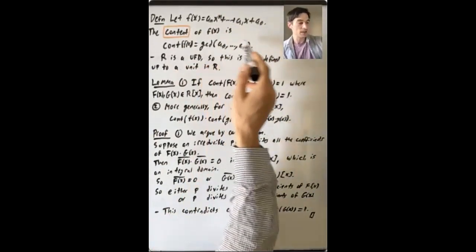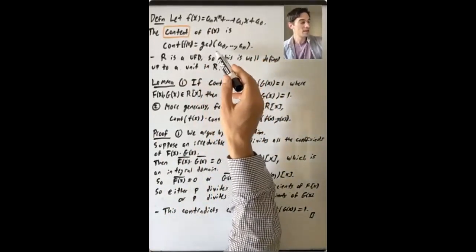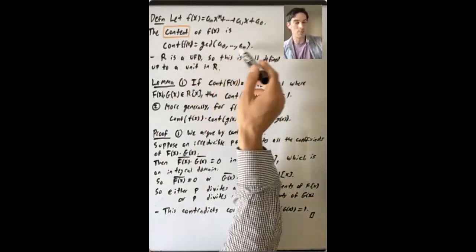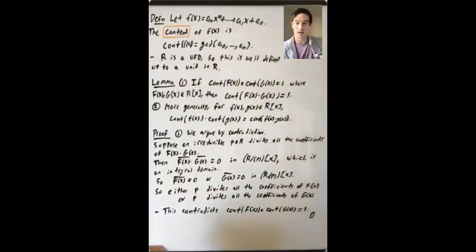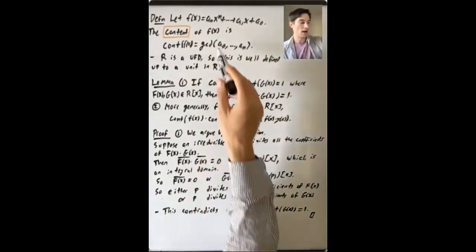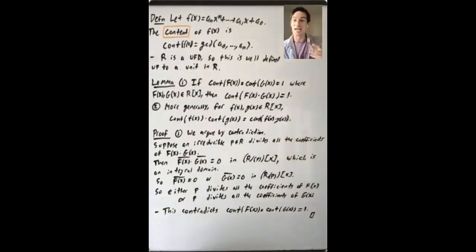In a UFD, we can talk about GCDs. And this GCD of a bunch of elements in our ring R is well defined up to a unit in R. Remember, we talk about a GCD rather than the GCD. It's only well defined up to a unit.